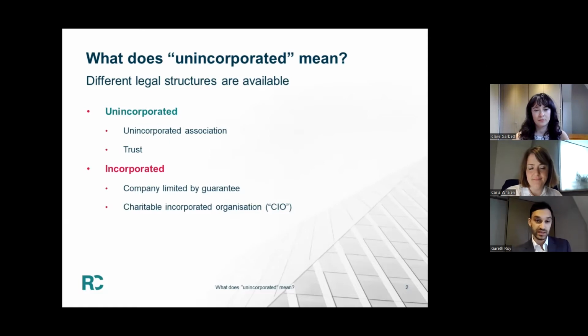That means that all of the legal relationships that the charity holds are technically in the name of individual trustees or others. And what that means is if anyone wants to bring a claim against the charity in future, that claim is actually properly made against individuals, normally the charity trustees.